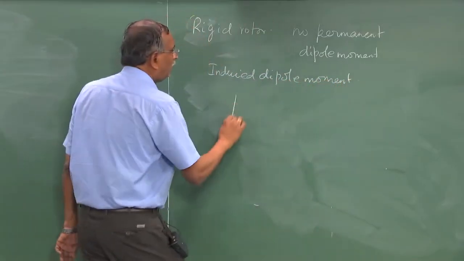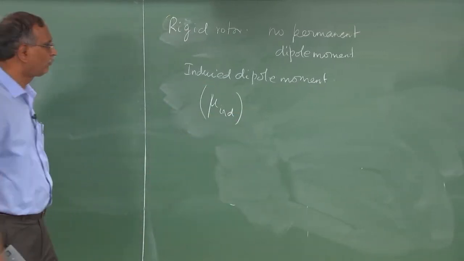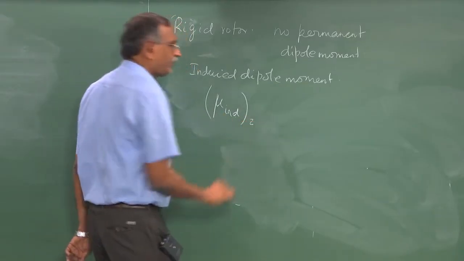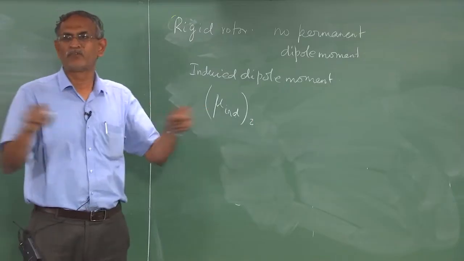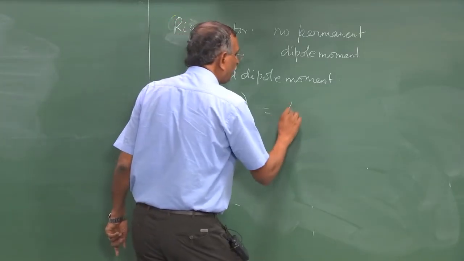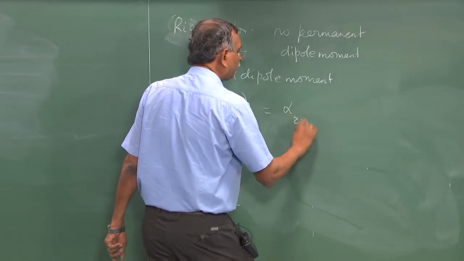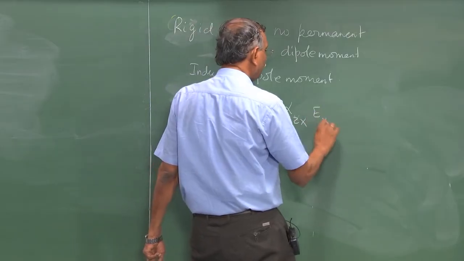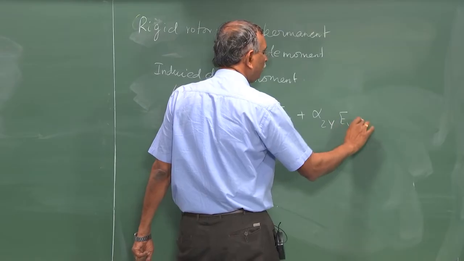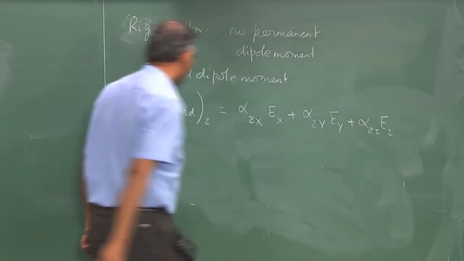So if you recall, mu induced, now we will use the tensorial form that we had used. Suppose we had mu induced in the z direction, which is probably the direction of the symmetry axis of the molecule, then mu induced is given by alpha zx Ex plus alpha zy Ey plus alpha zz Ez.